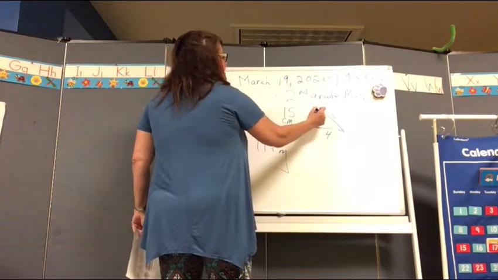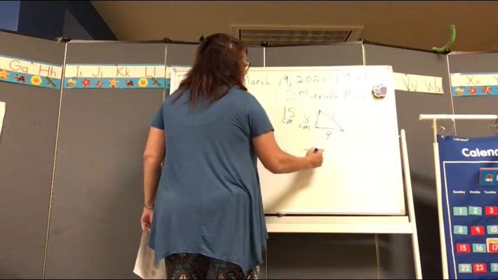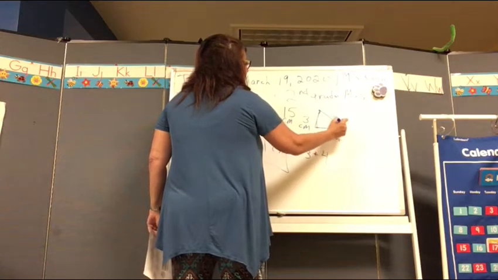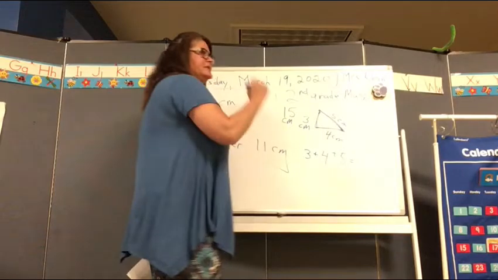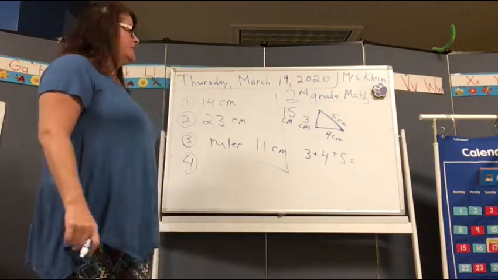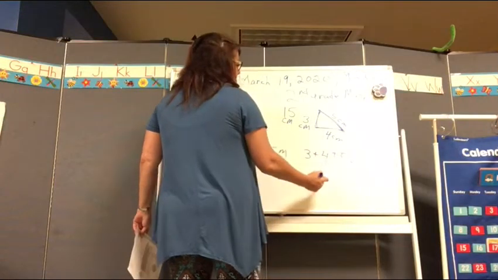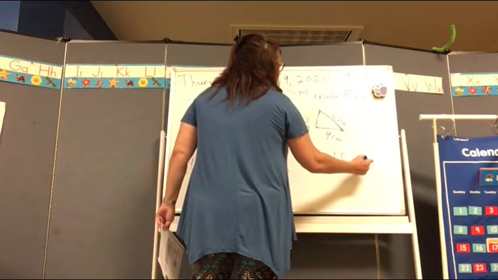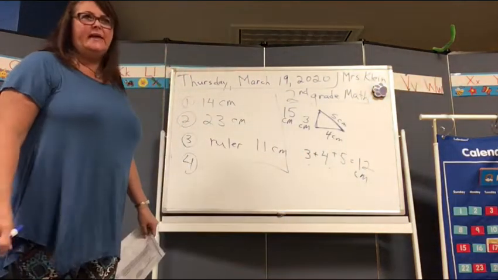You're going to start with your string here and go down. So you have 3. You're going to go over here, so now you have to add 4 centimeters, and now you have to add 5 centimeters. You need to add up each side and see how long your object is. So 5 plus 4 is 9, plus 3 is 12. So this object is 12 centimeters in length.